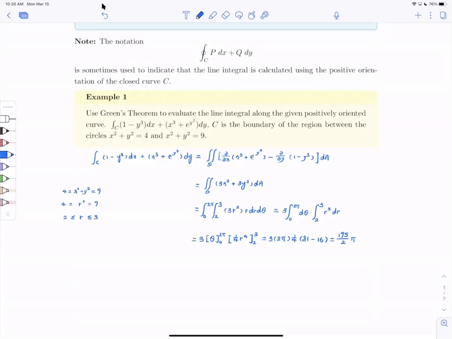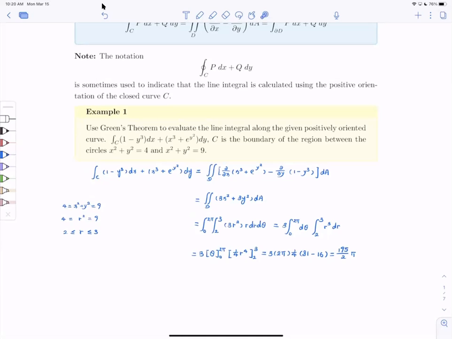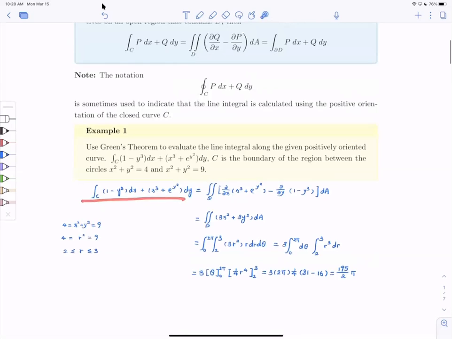Okay, I finished writing, so let's take it up. So they want you to compute this line integral according to Green's theorem. You can write it as this.